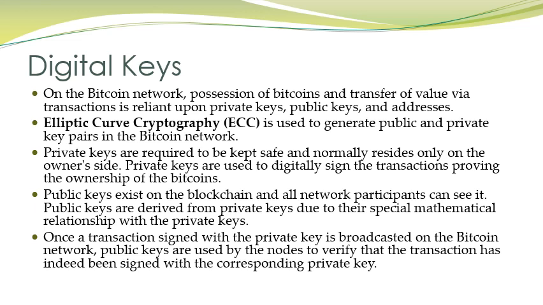There are different types of public key cryptography, RSA and other types also, but the Bitcoin network uses ECC, elliptic curve cryptography, to generate the public and private key pairs. Private keys are required to be kept safe and normally reside only on the owner's side.